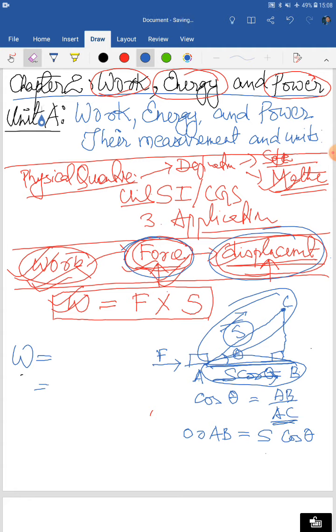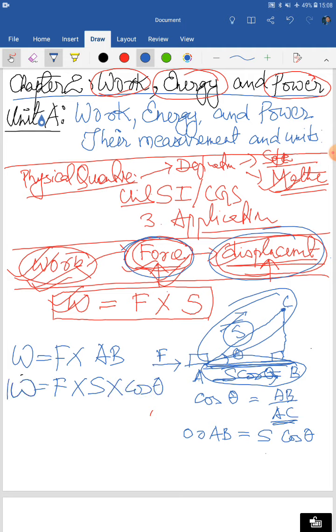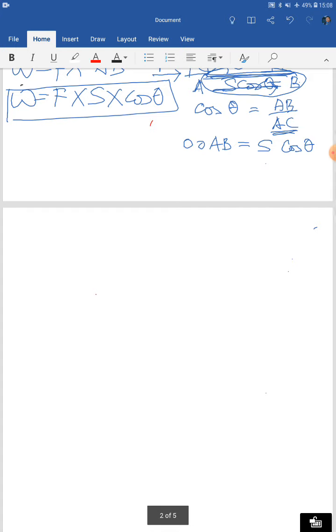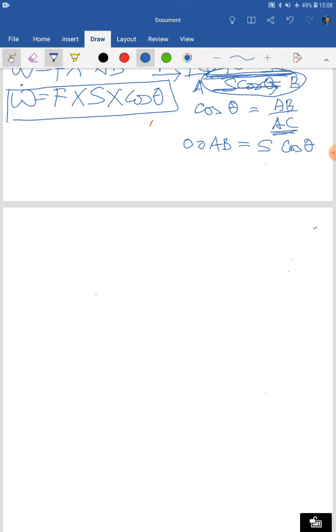Here it is force into AB, that is the component of displacement. So I'll get F into S into cos of theta. So I'll get the relation of W, that is F into S into cos of theta. Is that okay? Now here we got another factor, third factor on which the work done is depending, that is the angle between the direction of force and the displacement.